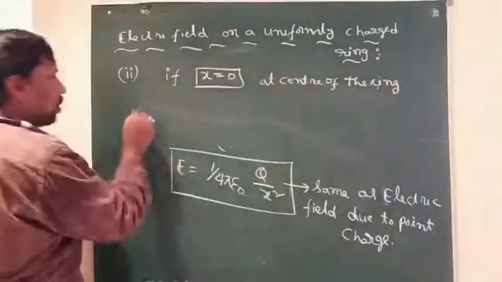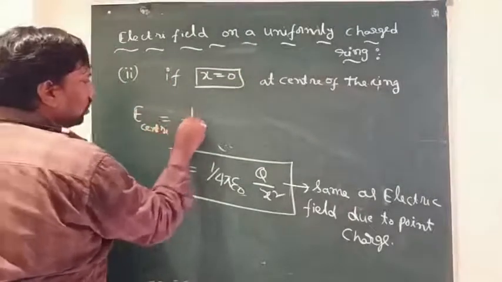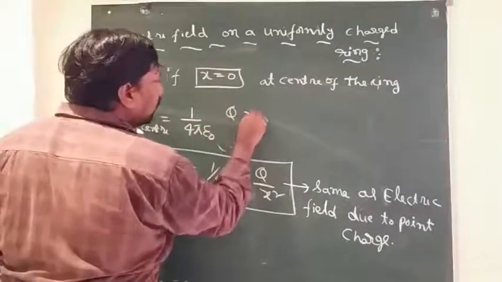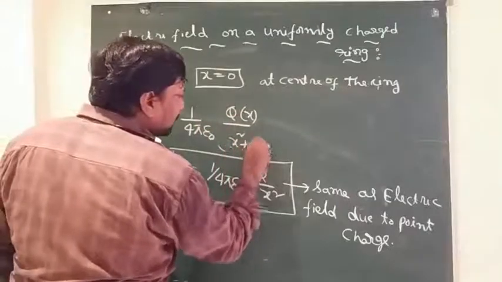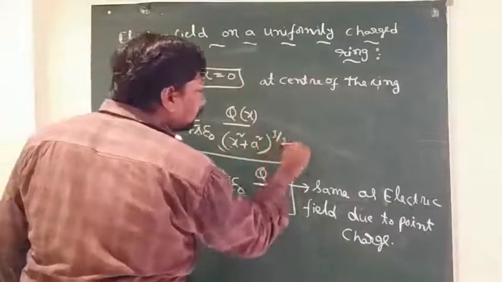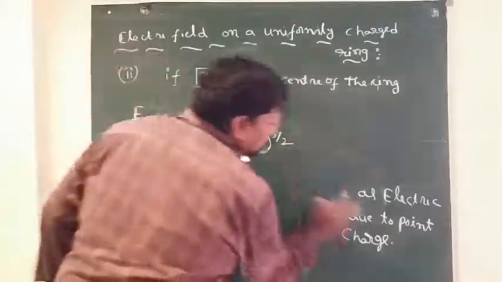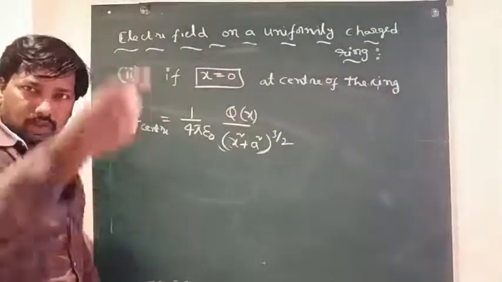Now we can find the electric field. E center equal to 1 by 4 pi epsilon naught into q x by (x square plus a square) whole power 3 by 2. This is the final equation for point P due to the charged ring.